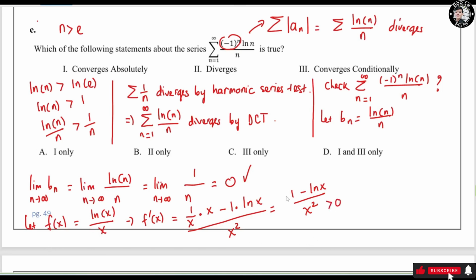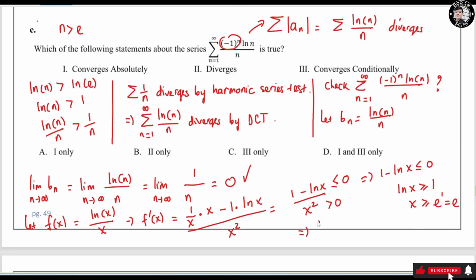So we need this one to be less than or equal to 0 in order for this one to be decreasing, right? So then we have 1 minus ln s less than or equal to 0, so ln s greater than or equal to 1, so s greater than or equal to e to the power of 1, which means e, right?